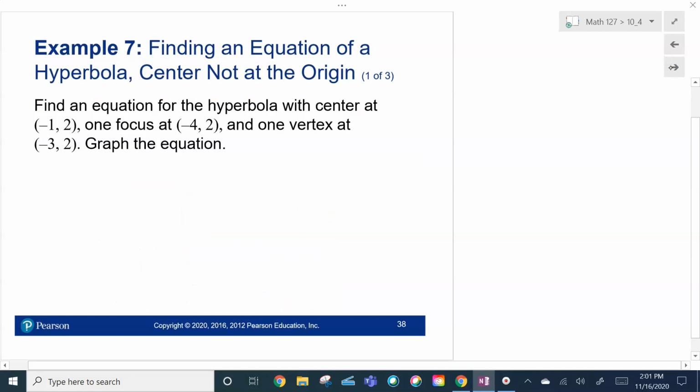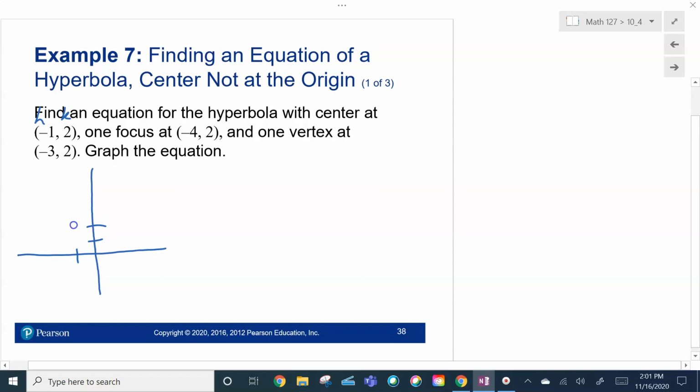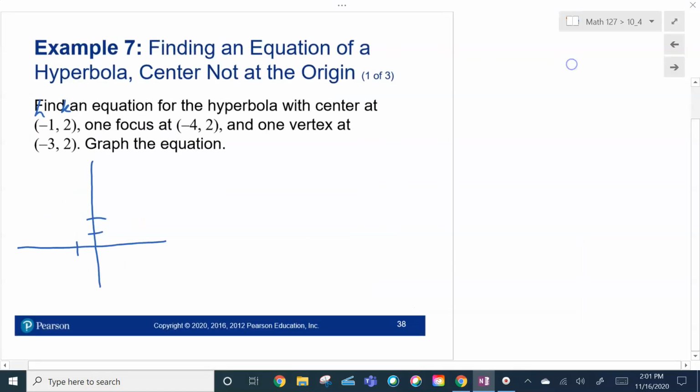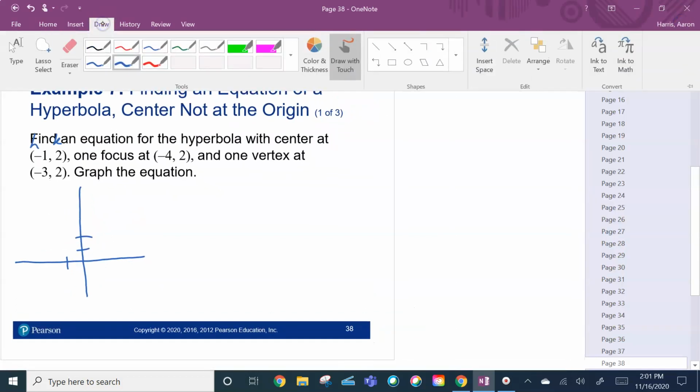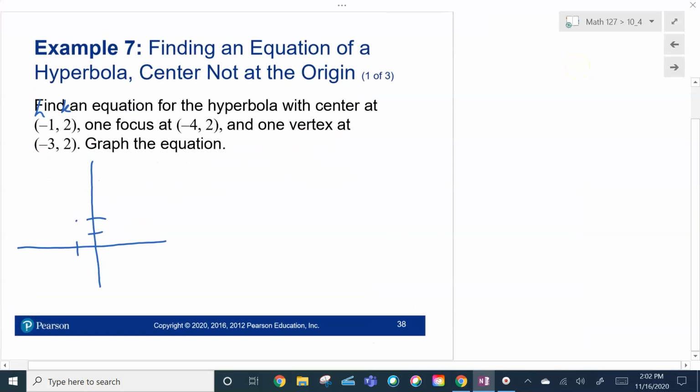So let's do some. Find the equation for the hyperbola with a center at (h, k), negative 1, 2. A focus, let me try and draw this first. Negative 1, 2 is our center.